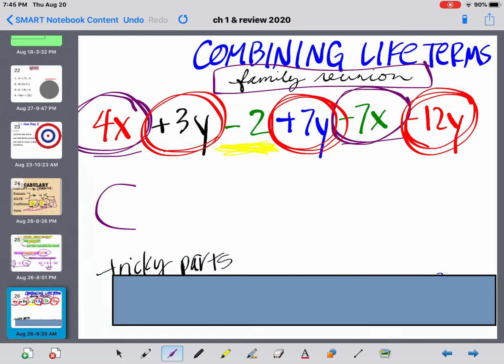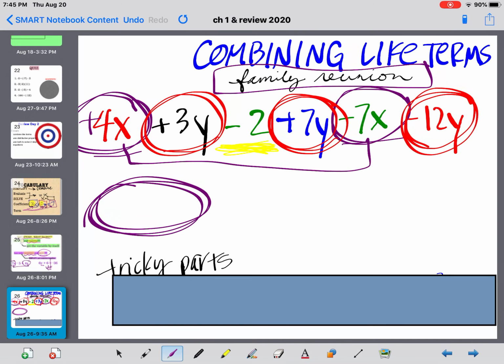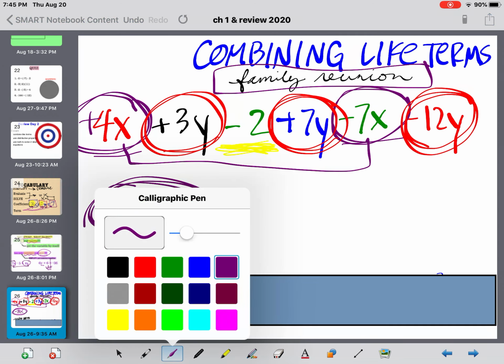The first thing we're going to combine is everything that has a last name of X. A positive 4 with the last name of X and a negative 7 with the last name of X. Positive 4 and negative 7 make negative 3. And their last name is still X. Let's look at the next one.